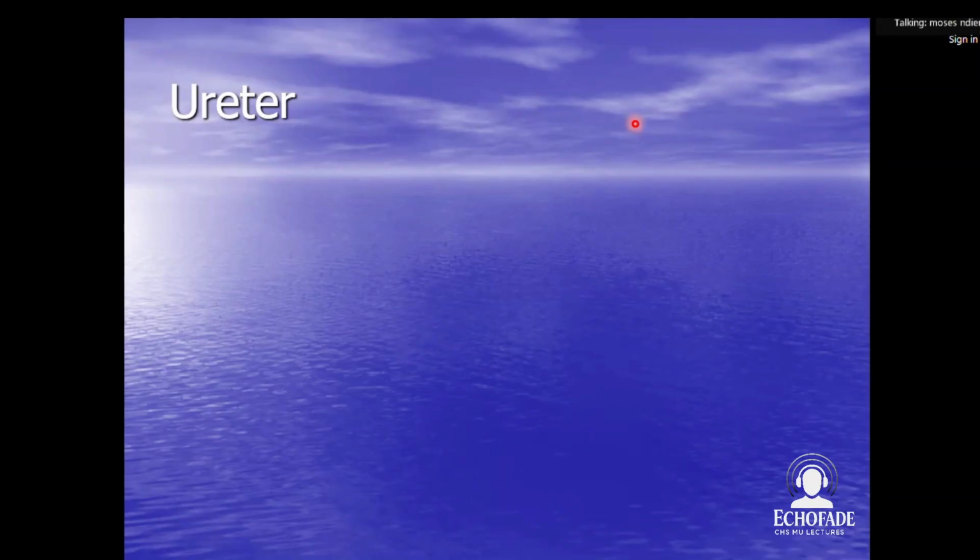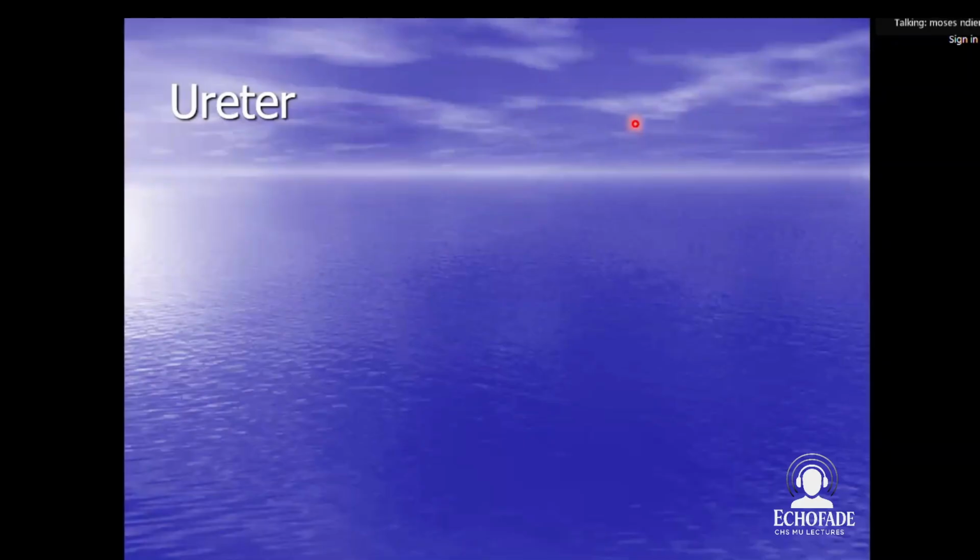We have an epithelium that lines the lumen that we refer to as the transitional epithelium. It lines the entire urinary tract. Sometimes it's called uroepithelium, resting on a basement membrane.